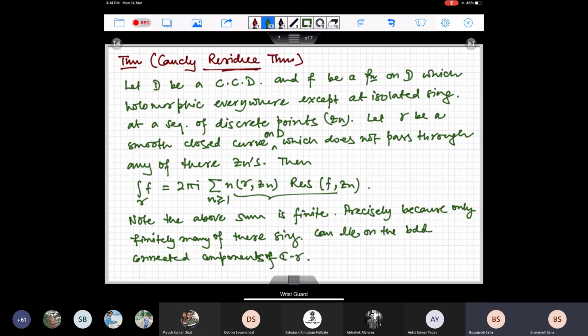Because if there are infinitely many of these singular points on the bounded components, then clearly it's going to have a limit point, right?